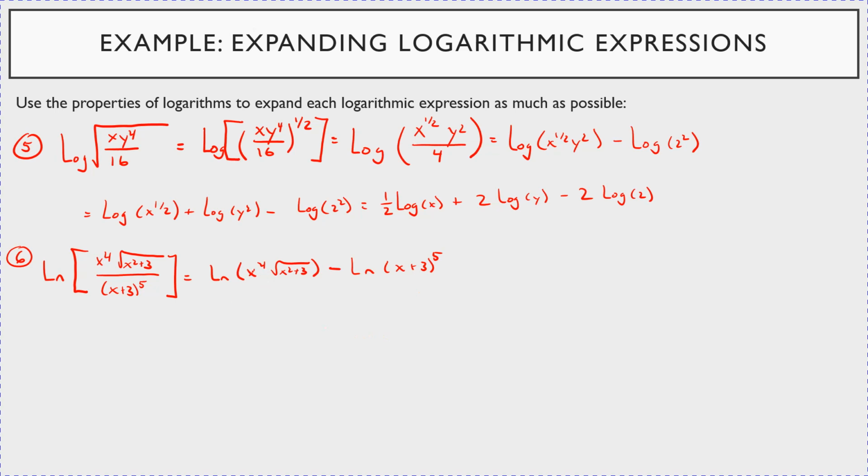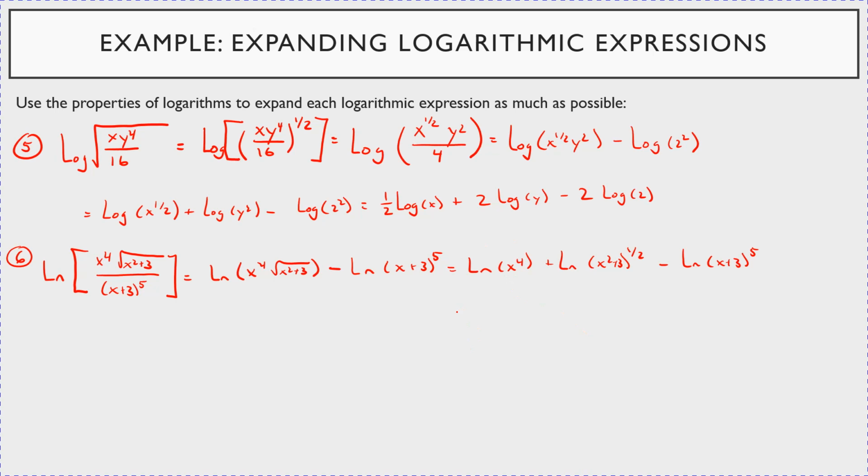Break up this log using the product rule, right? So multiplication breaks up as addition of two logs. So this is the natural log of x to the 4th plus the natural log of the square root. I'm going to write this as x squared plus 3 to the 1/2 power minus the natural log of x plus 3 to the 5th power. And then, again, what's the last step?